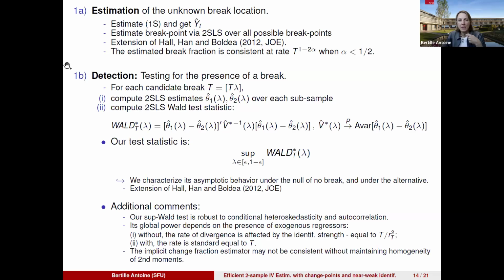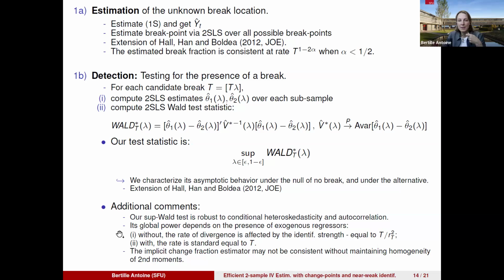Now, in terms of detection, we are building on, once again, previous work of Ottilia and proposing the sub-Wald test and showing that it is consistent. We also study its power properties.